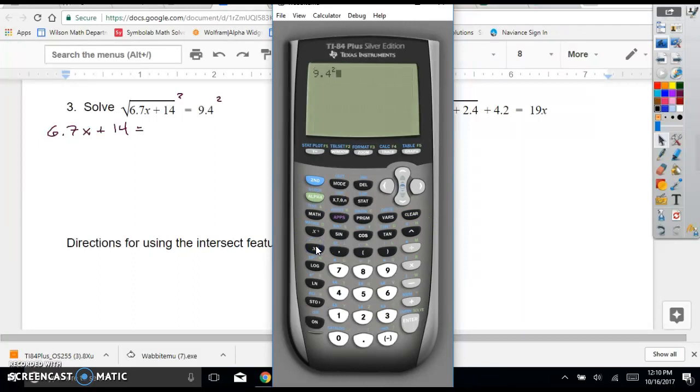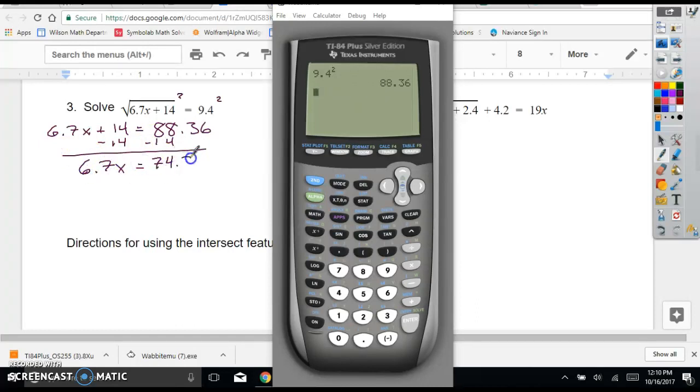So that would be it. So 88.36. Subtract 14 from that. 6.7x will be 74.36. And then I will divide that by 6.7.